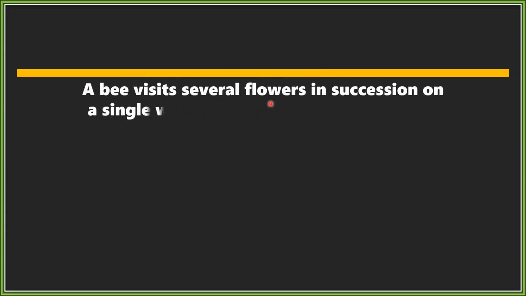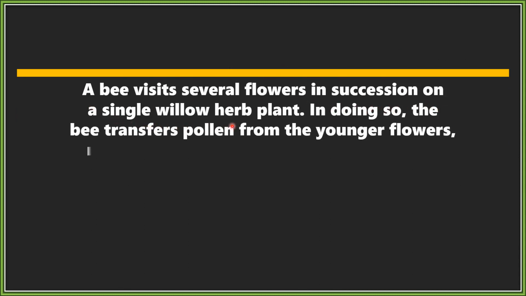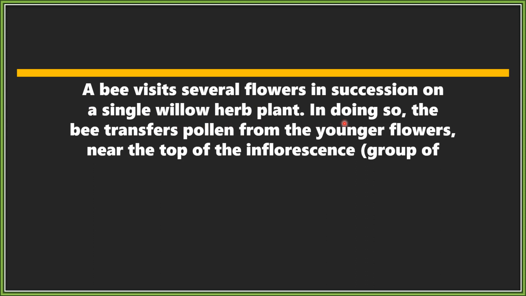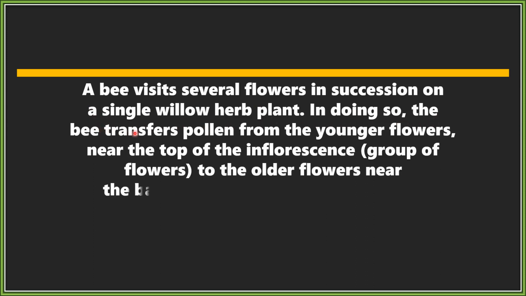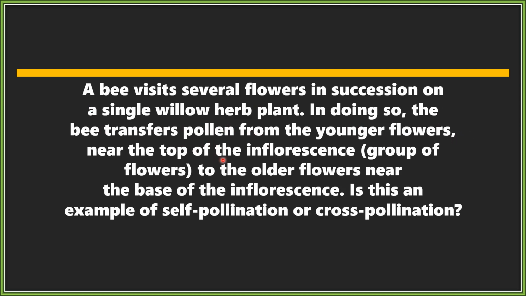A bee visits several flowers in succession on a single willow herb plant. In doing so, the bee transfers pollen from the young flowers near the top of the inflorescence, the group of flowers, to the older flowers near the base of the inflorescence.